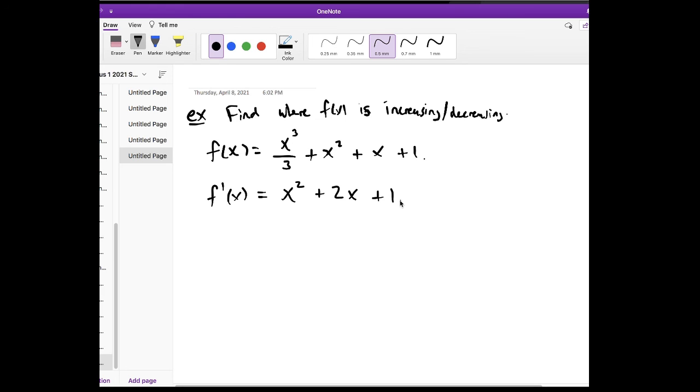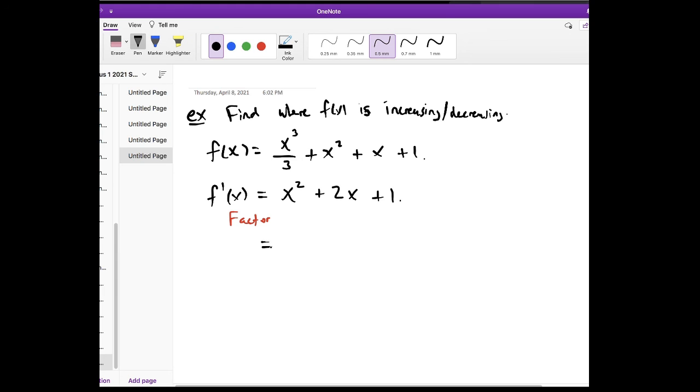What can you do to this? How do you find out? First of all, can you factor? Oh, good, yeah, factor, got it.